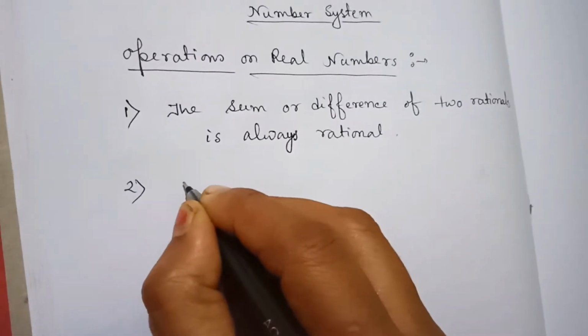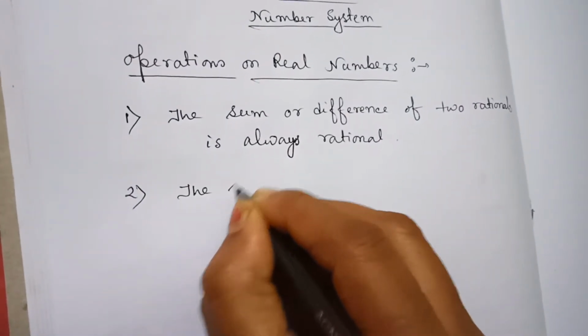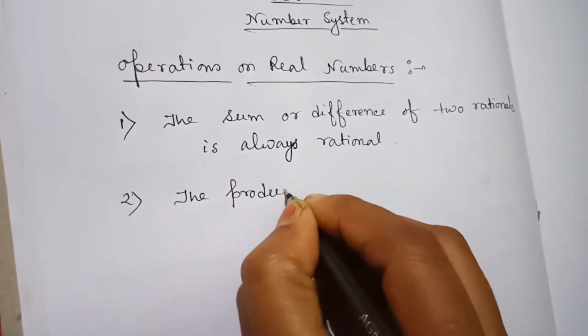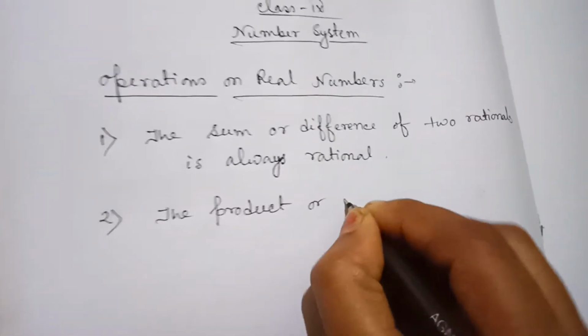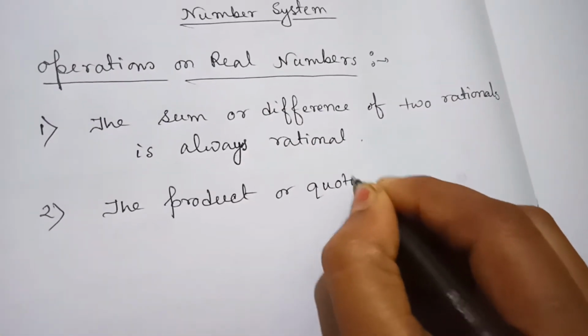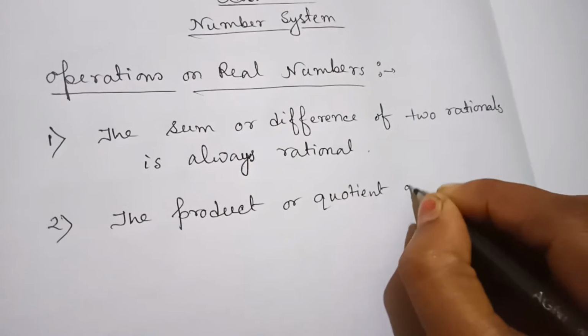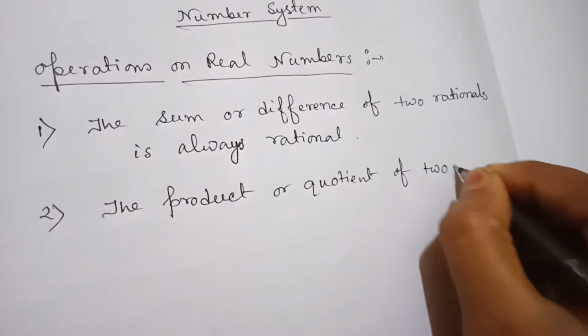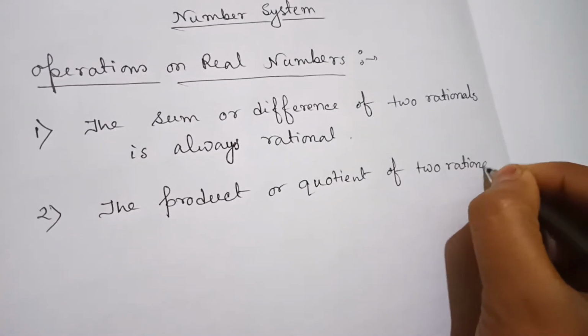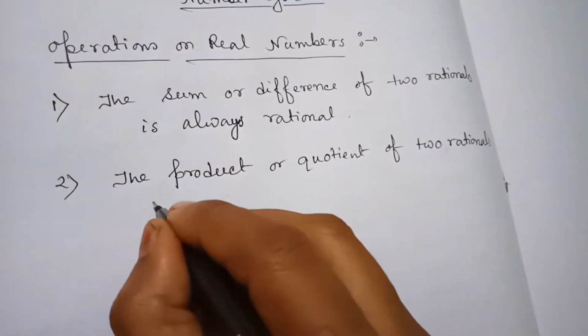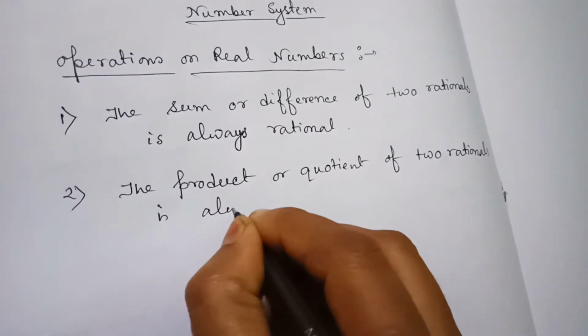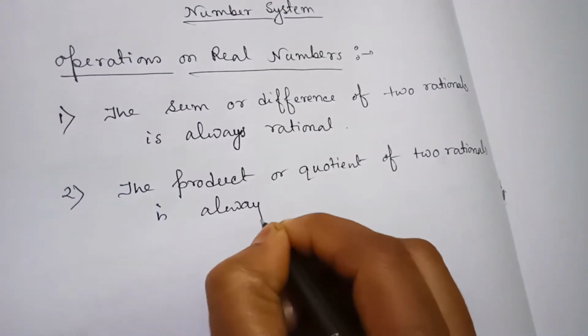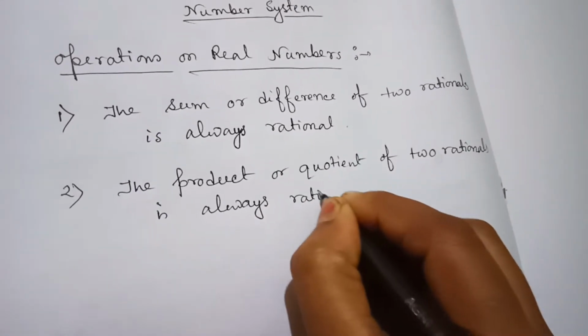Number 2, the product or quotient of two rationals is always rational.